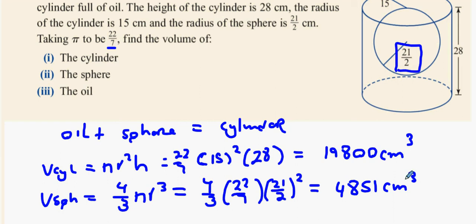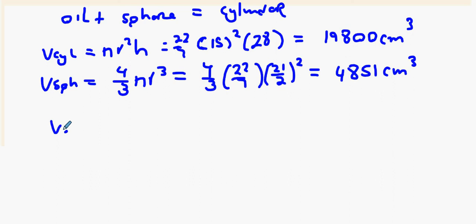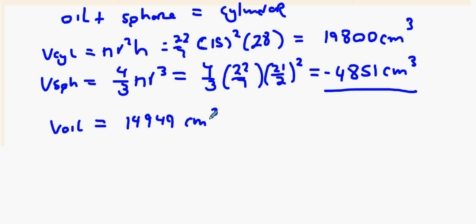Everybody cool with that? How do you get the volume of the oil then? Take them away from each other. And what do we get? 14,949 centimeters cubed. Yes, right.